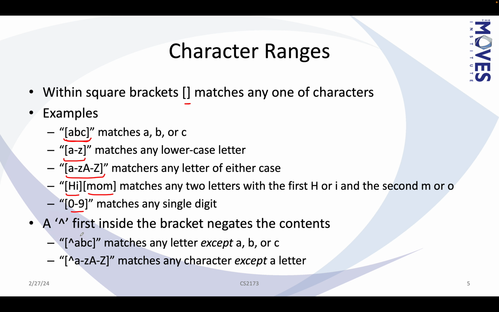If I say up arrow followed by A, B, C, then this will match any letter except A, B, or C. So this will match D or Z, but it won't match A. What I'm doing is negating it, and similarly, if I say not A through Z capital, this will match any character except a capital letter.